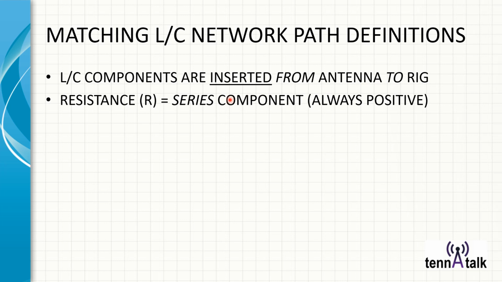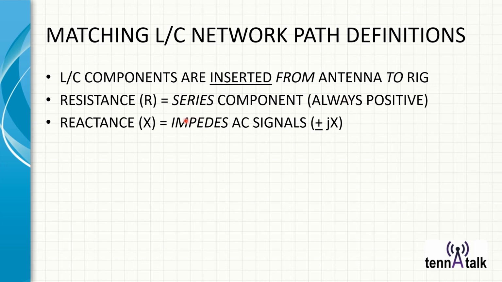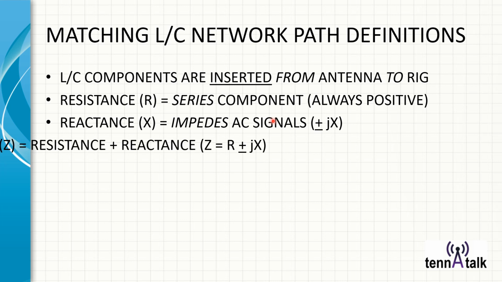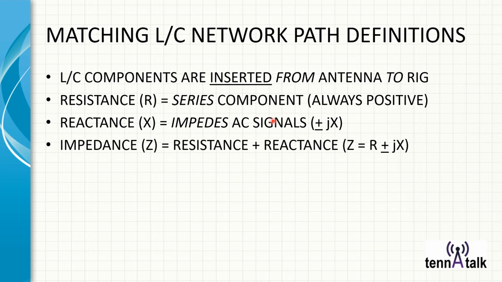The resistance is a series component, always positive, all right? The reactance, the X value, impedes the AC signal. It tends to impede the AC portion of the signal, the wiggling portion, if you will. Impedance is therefore the resistance and the reactance summed together.